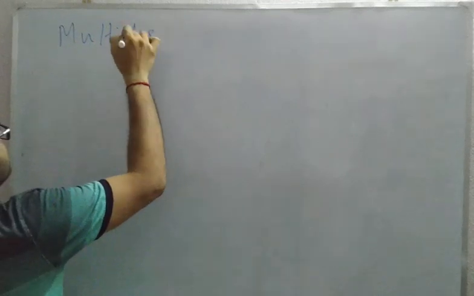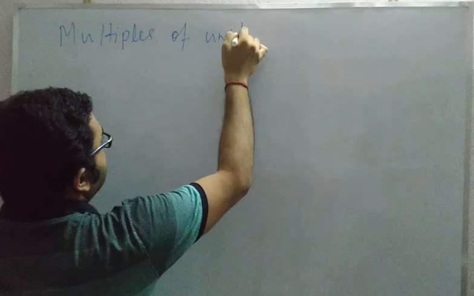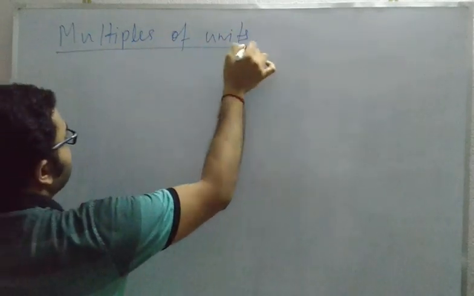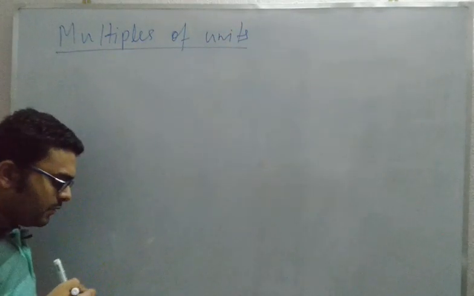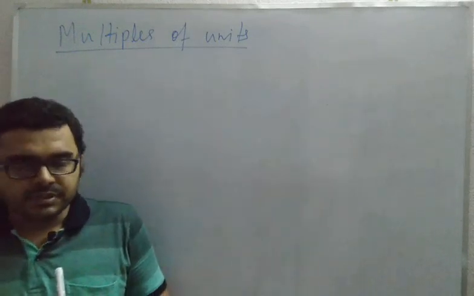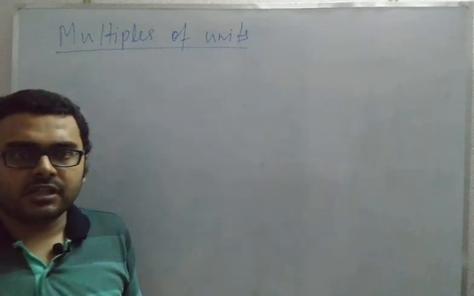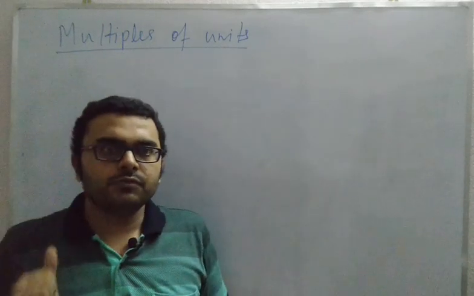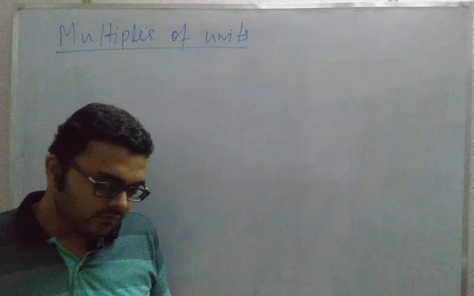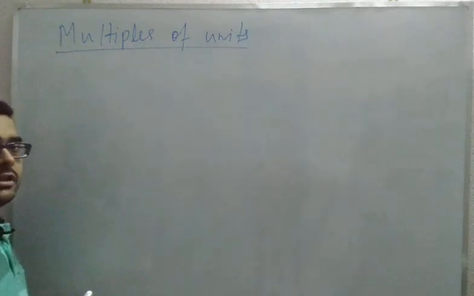First of all, these are the multiples of units. I will be writing the various multiples that you use in our day-to-day physical measurements. I would rather give it in a chart so that it is easier for you to keep in mind. Now see, what are the various multiples of units that we use?